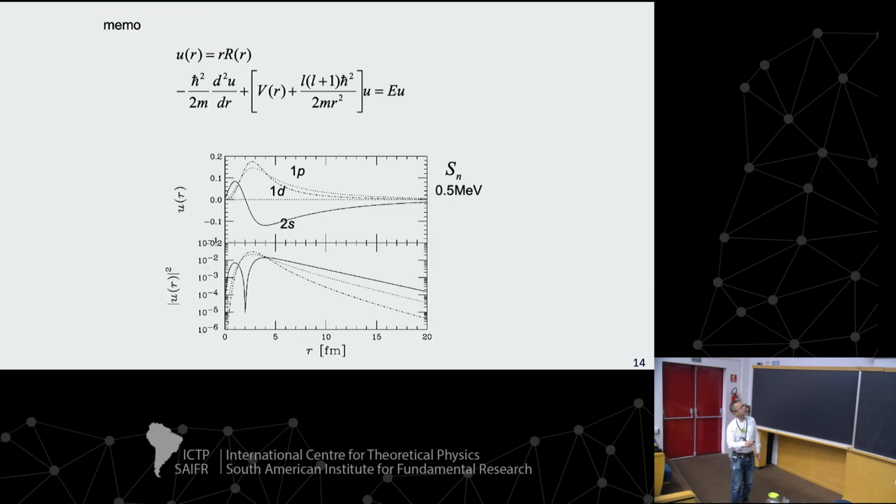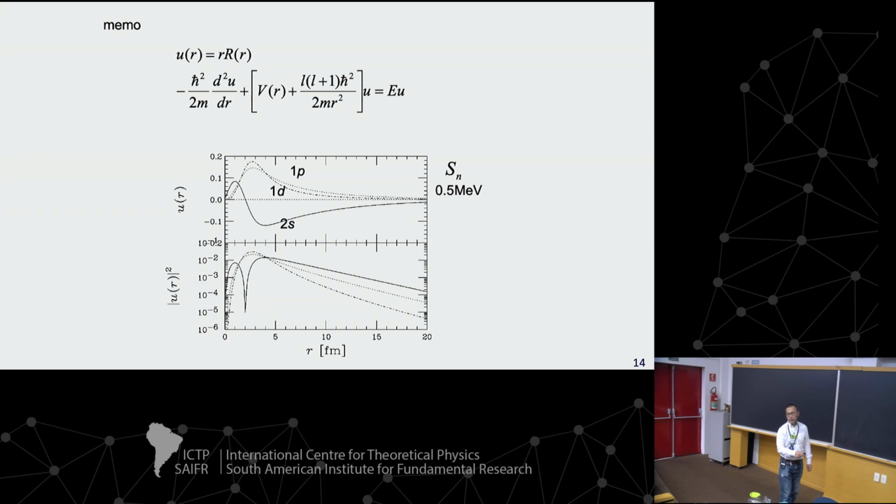I can just say that if you look at the difference between S wave, P wave, and D wave for the same separation energy of 0.5 MeV, the S wave has a very large density distribution. Maybe this is much better to look at. So this is S wave, P wave, D wave.